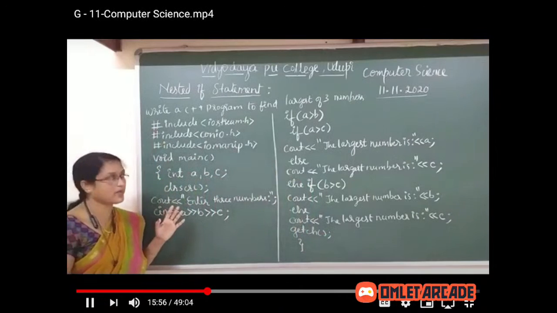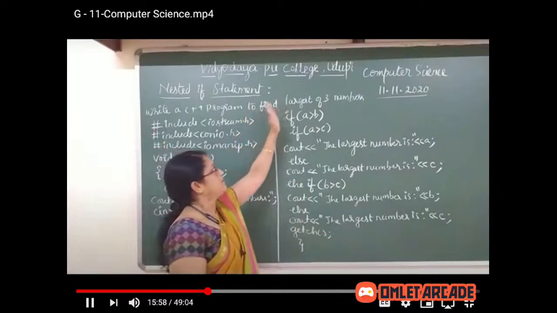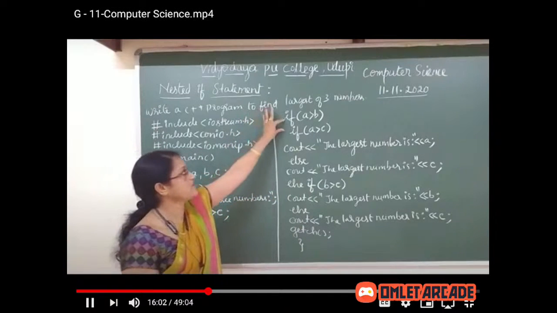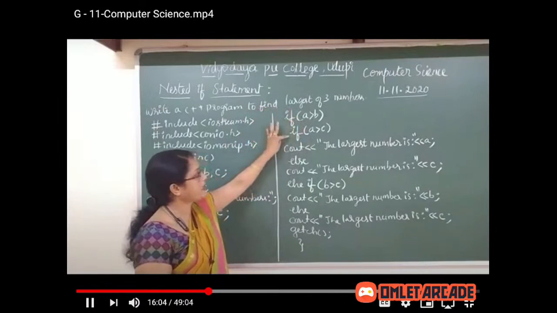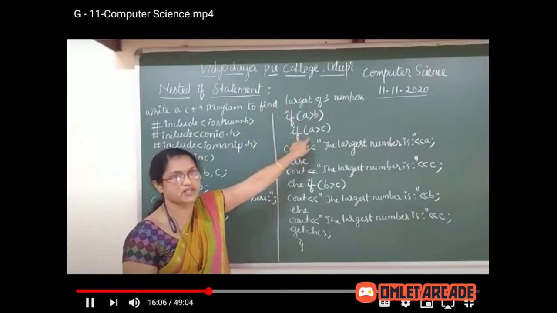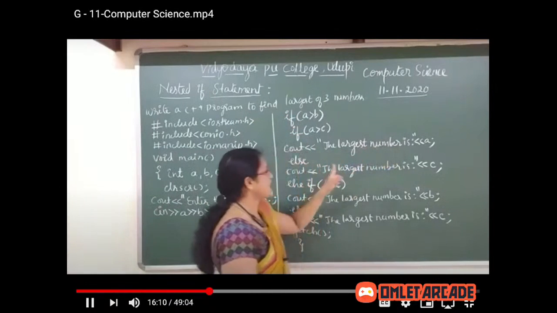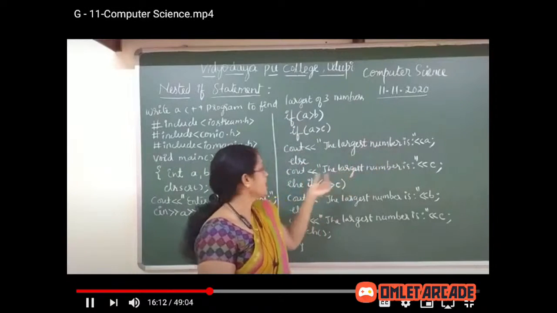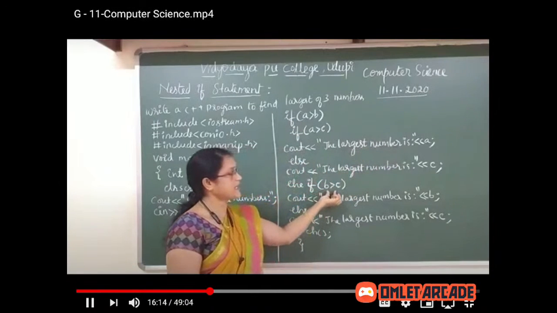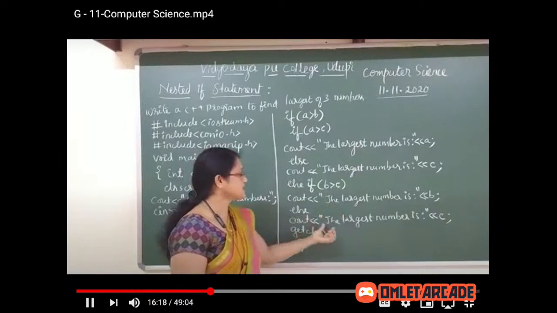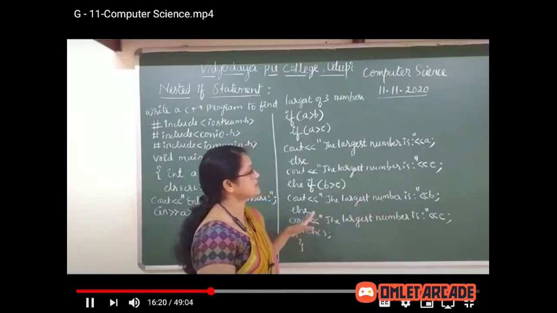Okay. It's not a practical program. Find the largest of three numbers using nested if. So if a greater than b and a greater than c, if both are true, the largest is a, else the largest is c. Else if b greater than c, then the largest is b, else the largest number is c.